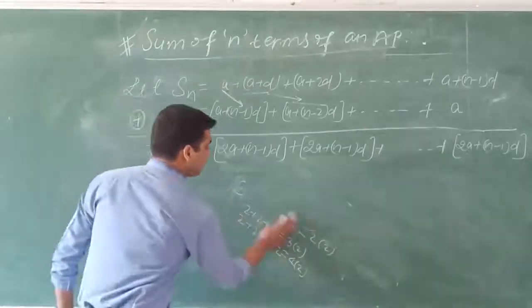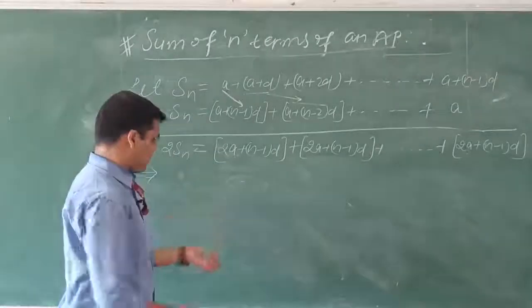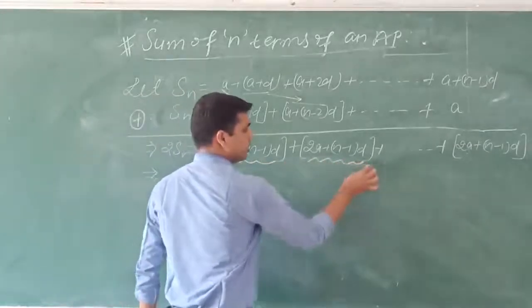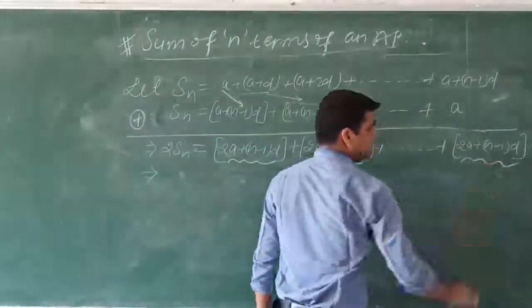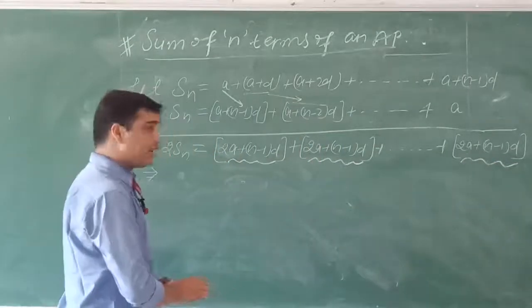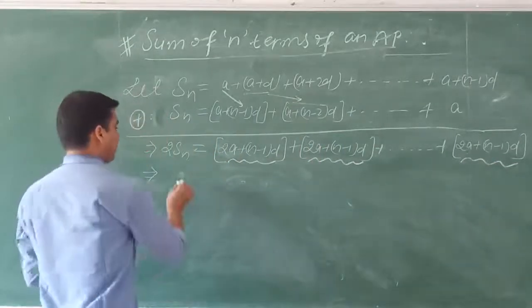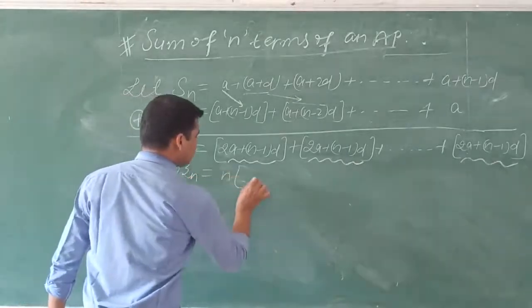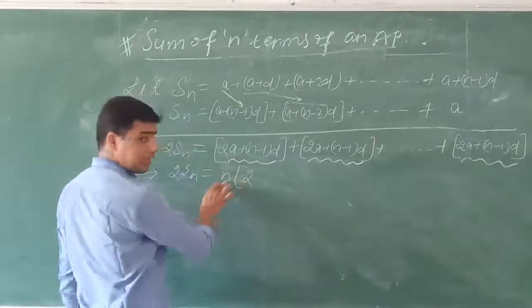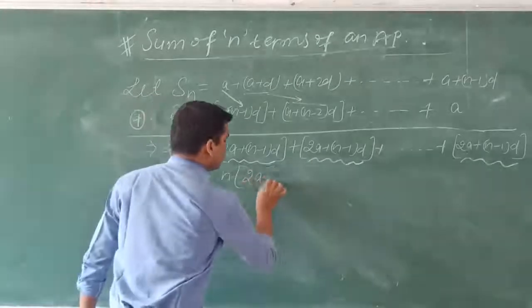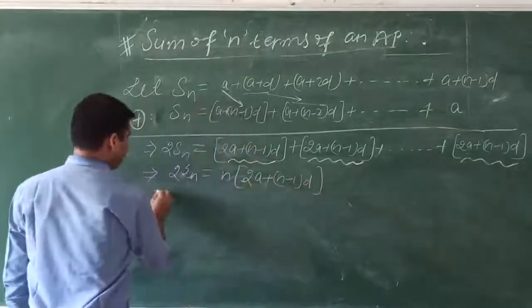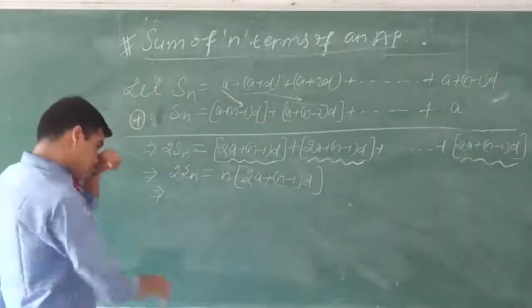In the same way here, this term 2A plus n minus 1 into D is repeating n times, so we can multiply with n. 2Sn equals n into 2A plus n minus 1 into D. Now I am going to divide both sides by 2.